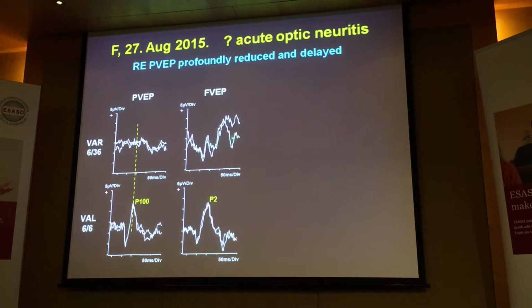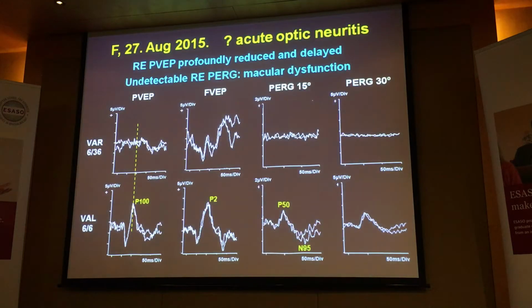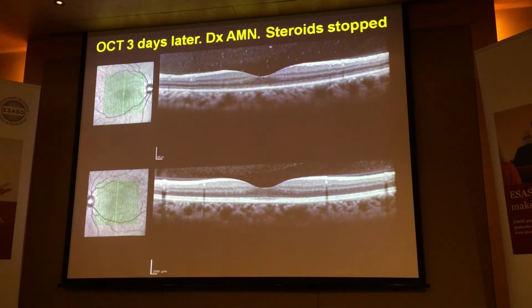Flash VEP, very distorted and delayed. Pattern ERG, completely undetectable. It was not optic neuritis. So you then have to go down the retinal route. Look very carefully here. There are subtle changes centrally. There's loss of reflectivity of the ellipsoid zone, and the diagnosis may have been presumed AMN, and steroids have been stopped.